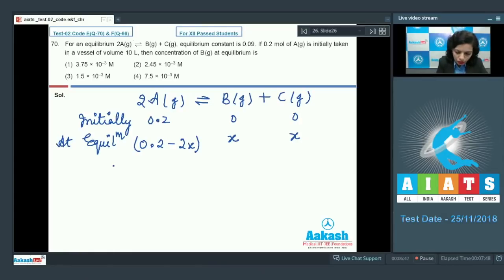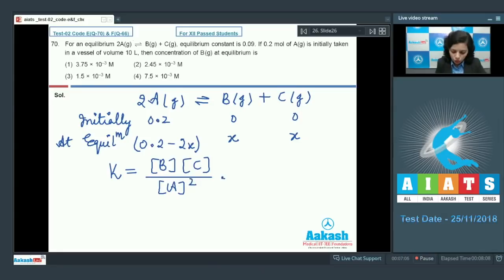Now we know that the value of K, that is the equilibrium constant, you can calculate using the simple formula: the concentration of B times the concentration of C divided by the concentration of A squared. We know that the value of Kc is also given here, that is 0.09.